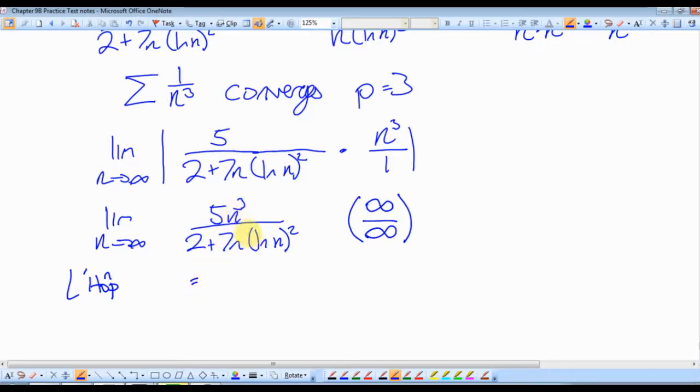All of our terms are positive. n's always positive, we're going to infinity. All right, let's use L'Hopital's rule. That's equal to the limit as n approaches infinity of 15n squared over, product rule.